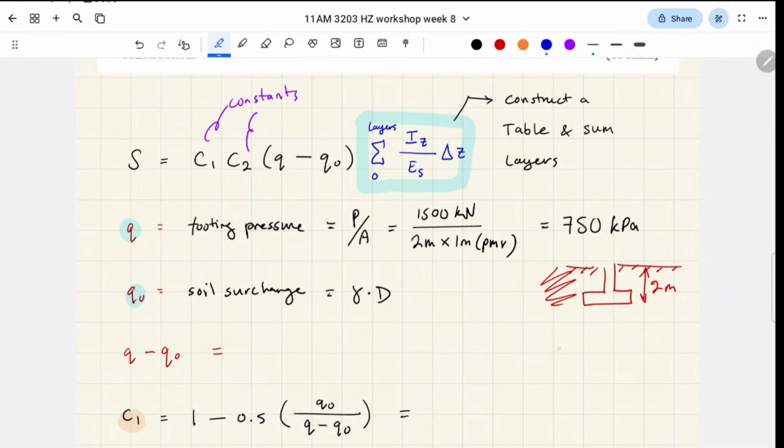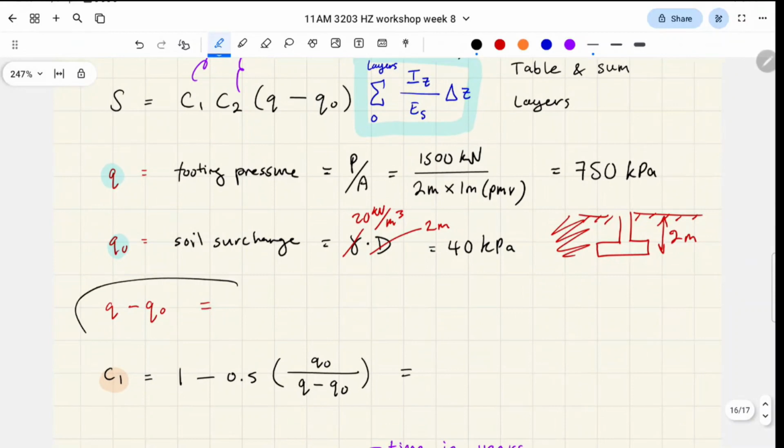We know the water table is somewhere down here, 4 meters, but it's sand, so we don't really care. Since it's sand, we don't have to account for that in regard to soil surcharge, which is a function of this stuff up here. We're given that the unit weight is 20, and our depth, as I said, is 2 meters. That gives us 40 kPa of soil surcharge, right?